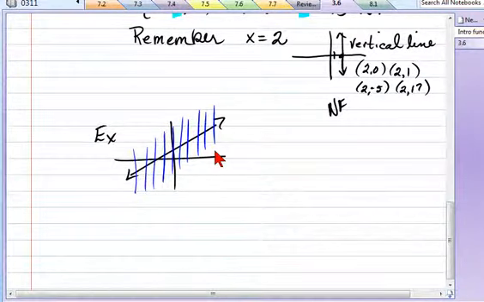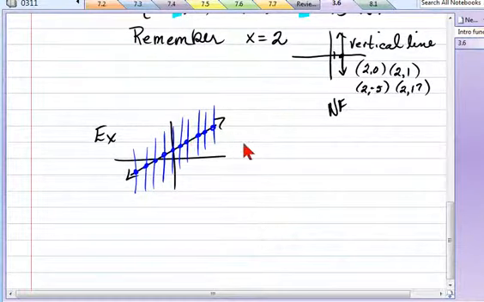Every one of those vertical lines was an x equals. Did any one of them hit my graph in more than one place? Or did it intersect it just once each time? Just once. That means that when x is -5, there was one y value. When x is -4, there was one y value.